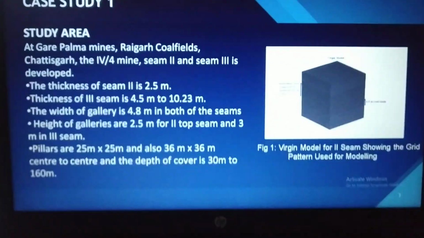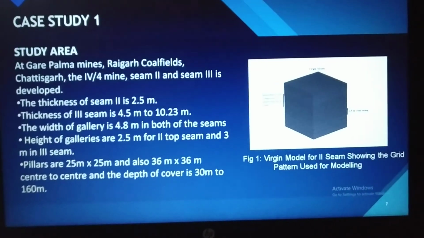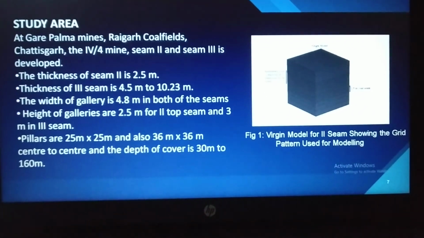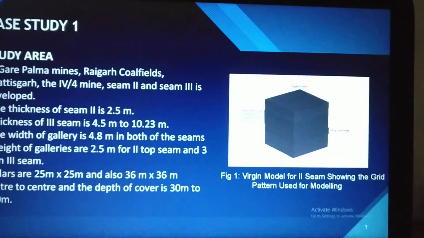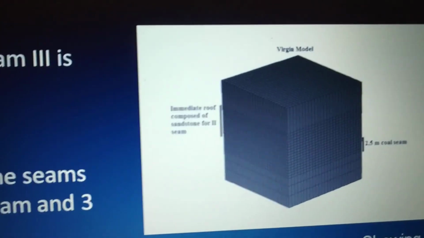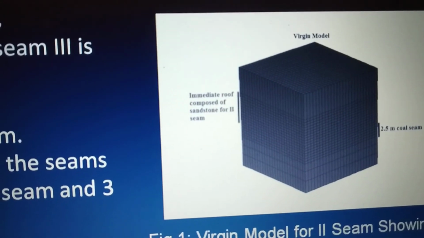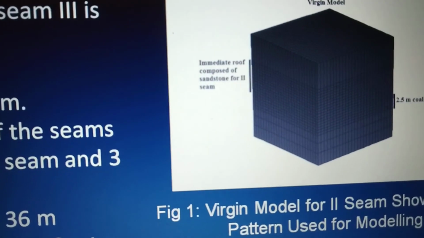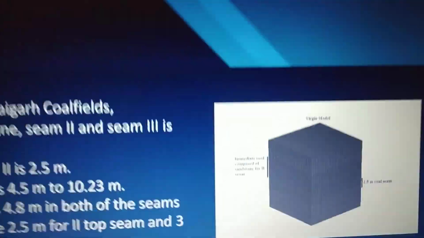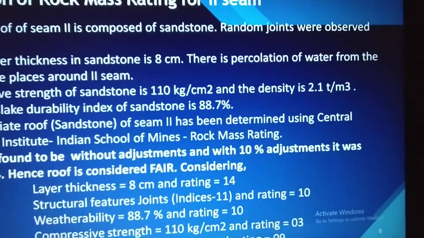Since it is prescribed by DGMS to follow a particular rule, the case study also follows the same, and we are taking only the pillar size as described by the DGMS. As you can see in the figure, this is the virgin coal pillar with a 2.5 meter coal seam, that is the second seam, and the immediate roof of the second seam is sandstone.